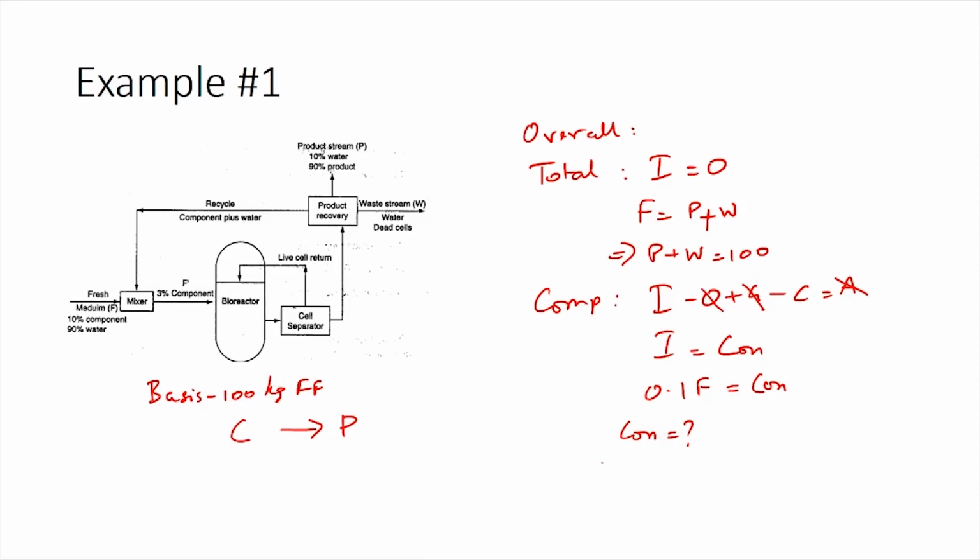So, we know that product formed is equal to 0.9 times P. This should also be equal to the component consumed. Therefore, the consumption term would be equal to 0.9 P.